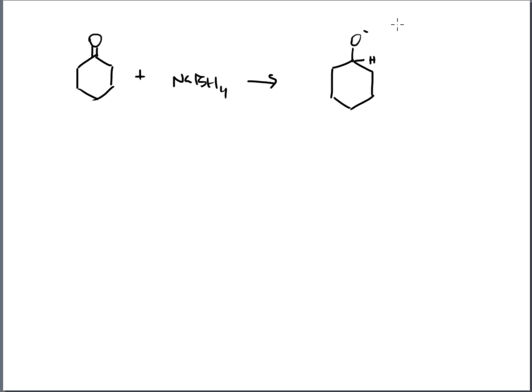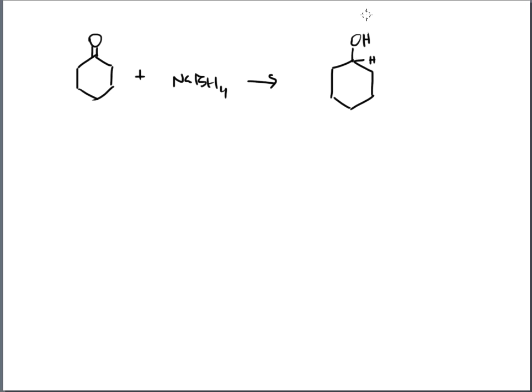Then we can protonate this with some type of acid. We know eventually it's probably going to happen, so I'm just going to assume we go ahead and add a hydrogen there as well. That will protonate the negative oxygen that is present.